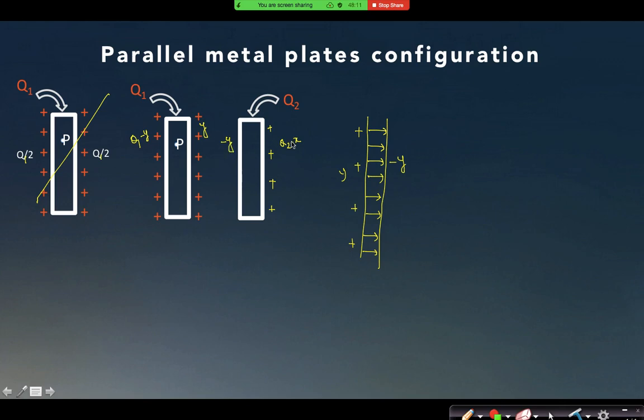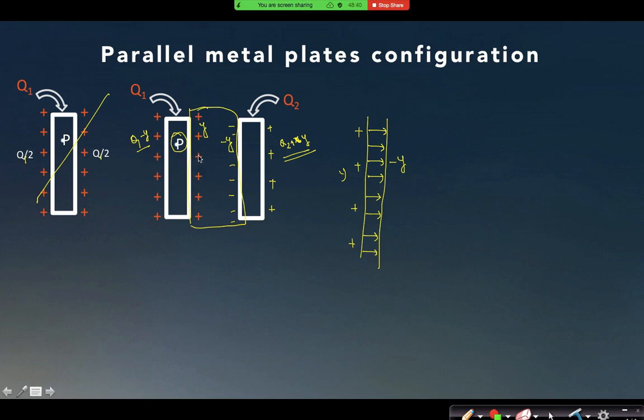So it will be Q2 plus y, and Q1 minus y. Now let us consider the point P where we have to make our electric field 0. Can I assume the electric field at point P due to this plus y and minus y together will be 0?